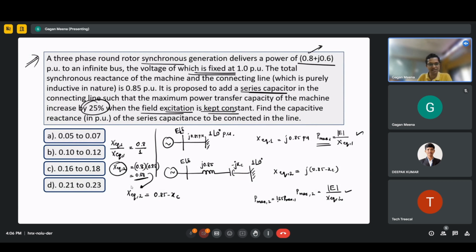How much is XC? 0.6. 0.17. Yes. So it will be 0.85 minus 0.68. So 0.17.